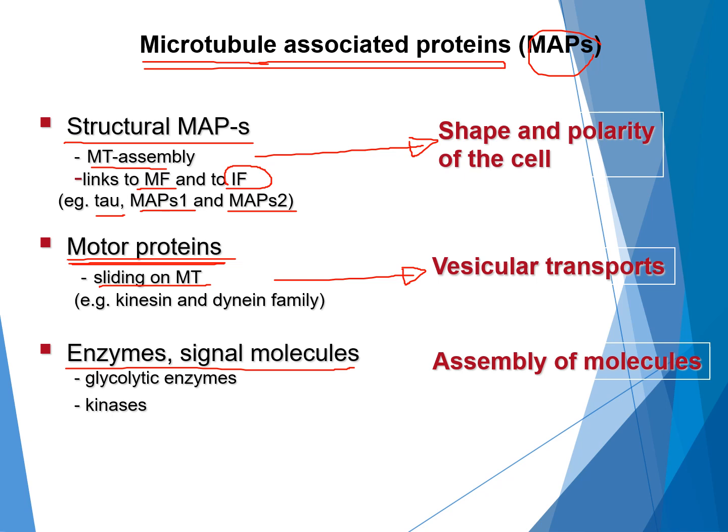Examples of motor protein are the kinesin and dynein family motor proteins. The third class of microtubule associated protein is the enzymes and also the signal molecules. We need them, such as the glycolytic enzymes and also kinases, to be transported towards other parts of the cell, and they are really important for the assembly of macromolecules.